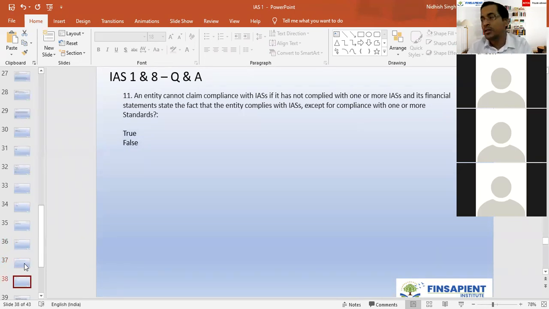It's so flexible, reasonable. Why would someone choose not to comply? I just like IFRS. An entity cannot claim compliance with IAS if it has not complied with one or more IAS. It's a very similar question. Again, except for compliance with one or more standards, answer is again false. It has not complied fully.